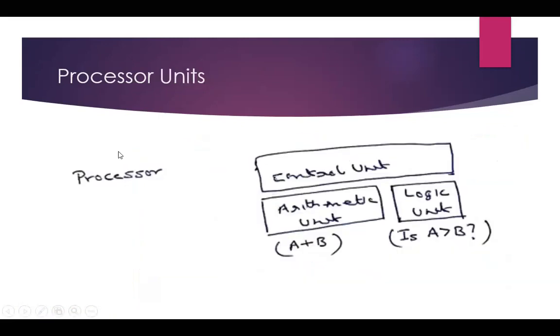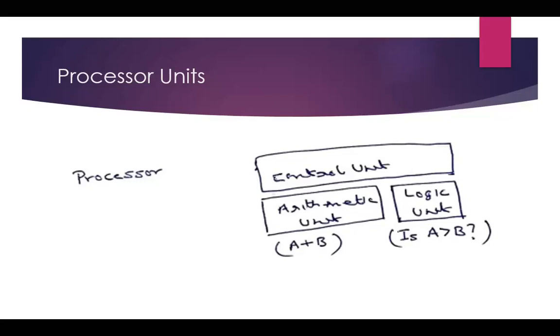So what are the units of a processor? One unit is known as the control unit. It controls the entire processor. And there are two basic units known as the arithmetic unit and the logic unit. A computer system is based only on these two units. The first is the arithmetic unit, the second is the logic unit, and the third is the control unit. The arithmetic unit performs arithmetic functions like 2 plus 2, 2 plus 3, 1 plus 1, and so on.